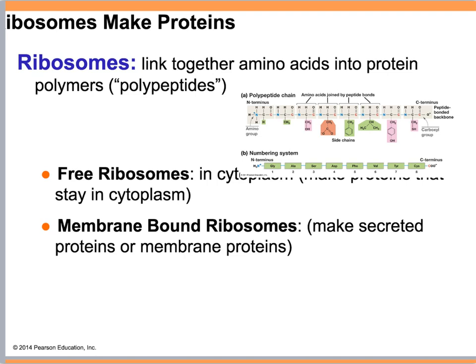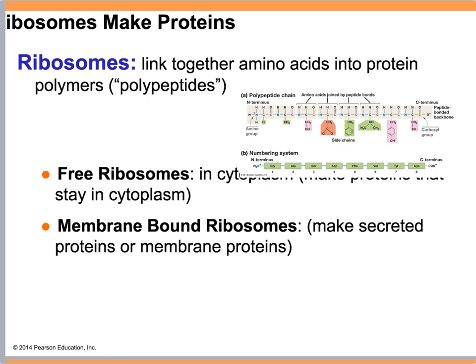So what role do the ribosomes play? The ribosomes actually play the very important role of creating proteins, and they do this by linking together amino acids. So we've talked in the past about amino acids being the building blocks of proteins, but they have to be linked together in that polymerization process. Remember that condensation synthesis process we talked about before? Well, that's the role that ribosomes play.